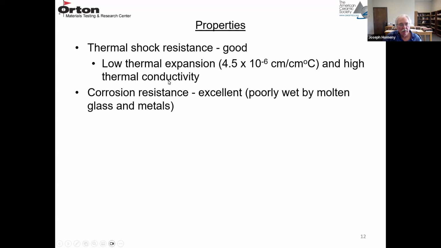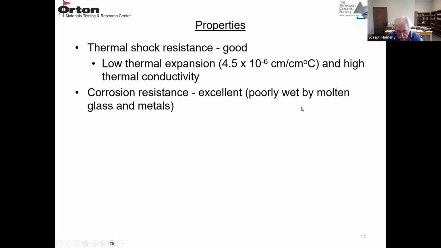It also has a high thermal conductivity. So that combination of low expansion and high thermal conductivity basically minimizes thermal stresses. So it has good thermal shock resistance, and it has very good corrosion resistance. It's poorly wet by molten glass and molten metals.